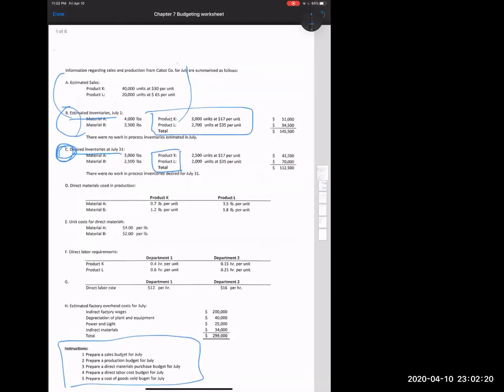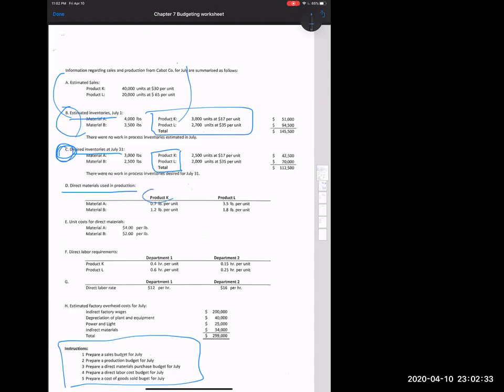Likewise, we're going to do the same thing for product L. Let's look at the top of this page to help us figure this out. We're going to use the information in section D, direct materials used in production.